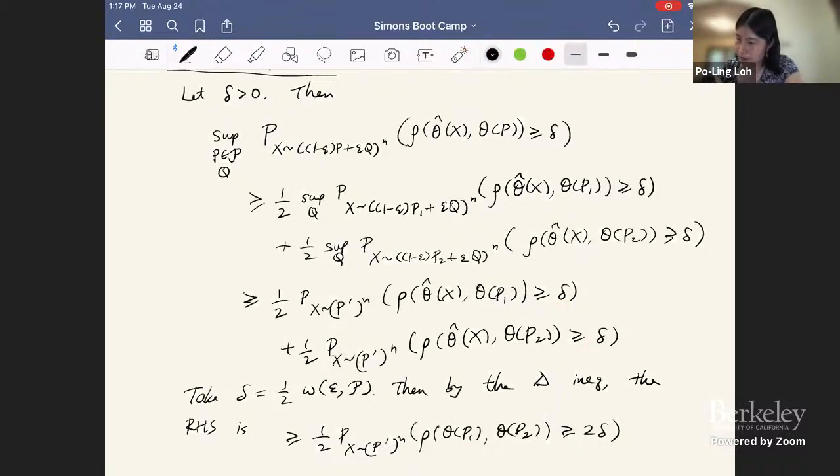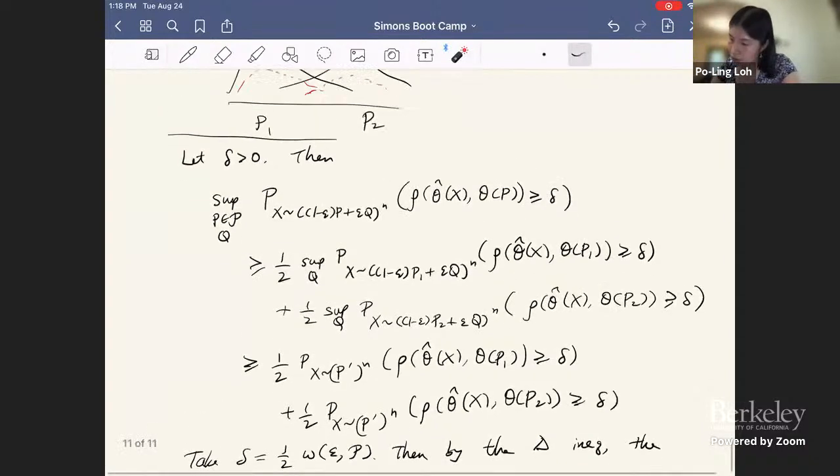Okay, but now remember what we actually chose about P1 and P2. I don't want to confuse you because we're not in Fano's inequality anymore at the moment. We actually chose these two so that this was an equality.